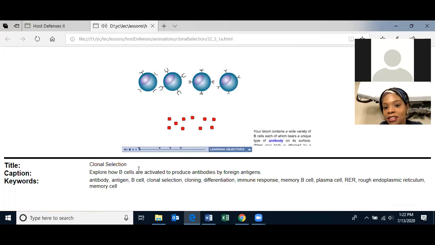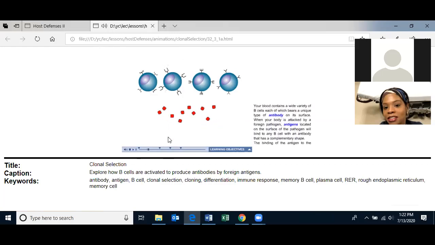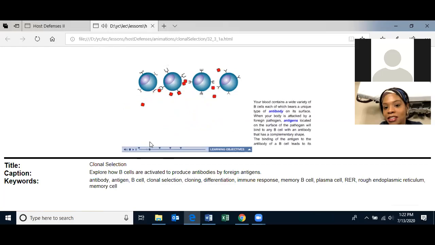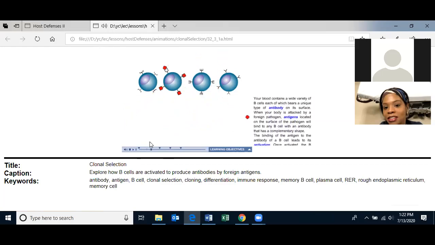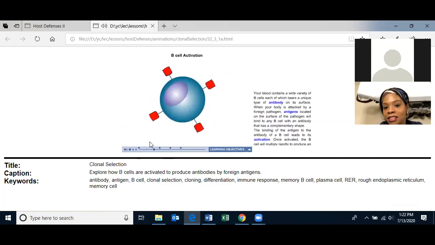Your blood contains a wide variety of B cells, each of which bears a unique type of antibody on its surface. When your body is attacked by a foreign pathogen, antigens located on the surface of the pathogen will bind to any B cell with an antibody that has a complementary shape. The binding of the antigen to the antibody of a B cell leads to its activation.